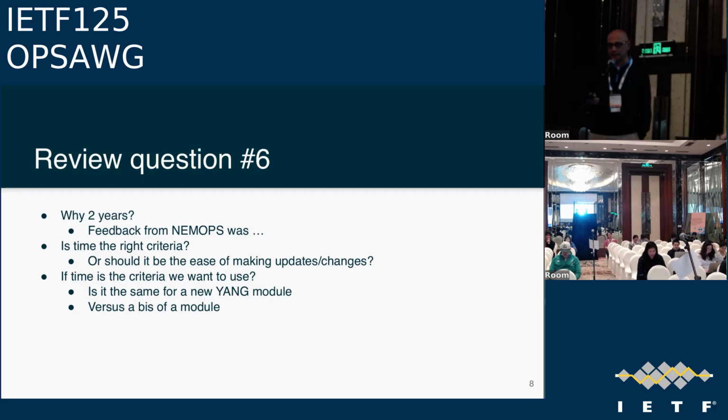So maybe there is a criteria that we say BIS versions should be faster, maybe a year, but new Yang modules should churn out within a 2-year period. Any disagreement? I don't see any.